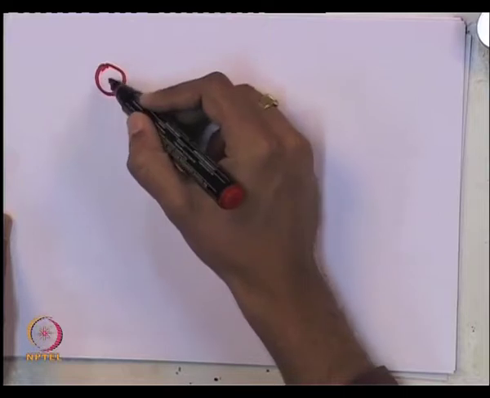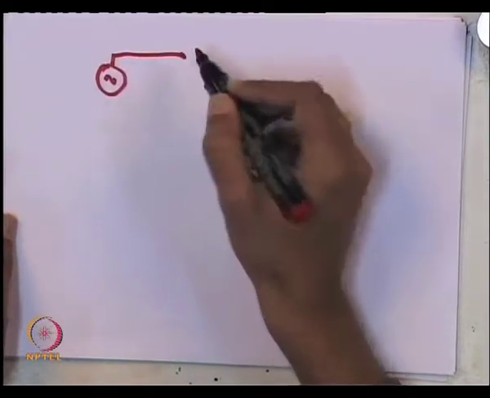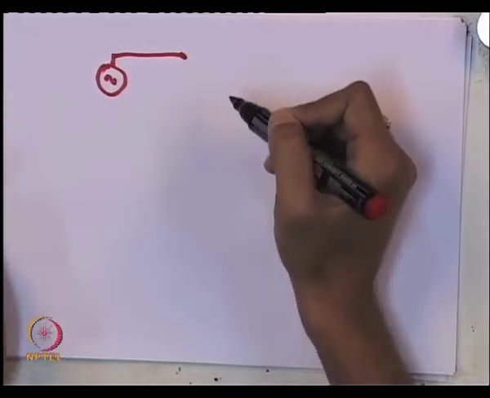Now, one of the important things you should remember at this point is that a synchronous machine has an extremely large synchronous reactance. What do I mean by large? In relative terms, suppose you have a synchronous machine which is unloaded, operating at no load.